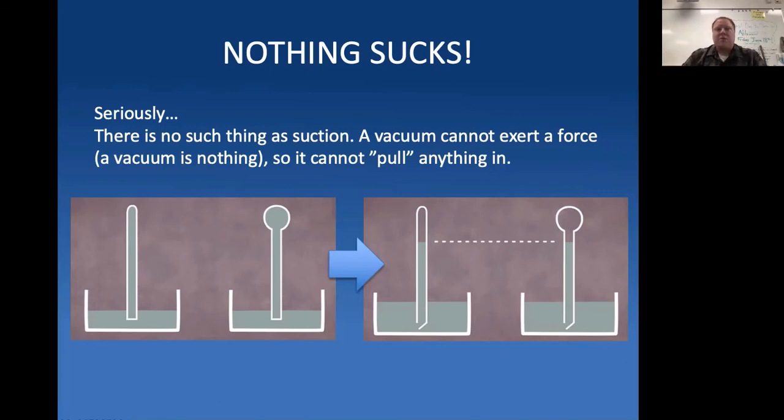What's actually going on is the air around it pushes things up, and without that air around it, it would not go up the tube or the straw. There's no such thing as suck. There's no such thing as suction. That whole concept doesn't actually exist. It's something we made up that doesn't even have any basis in reality, really.